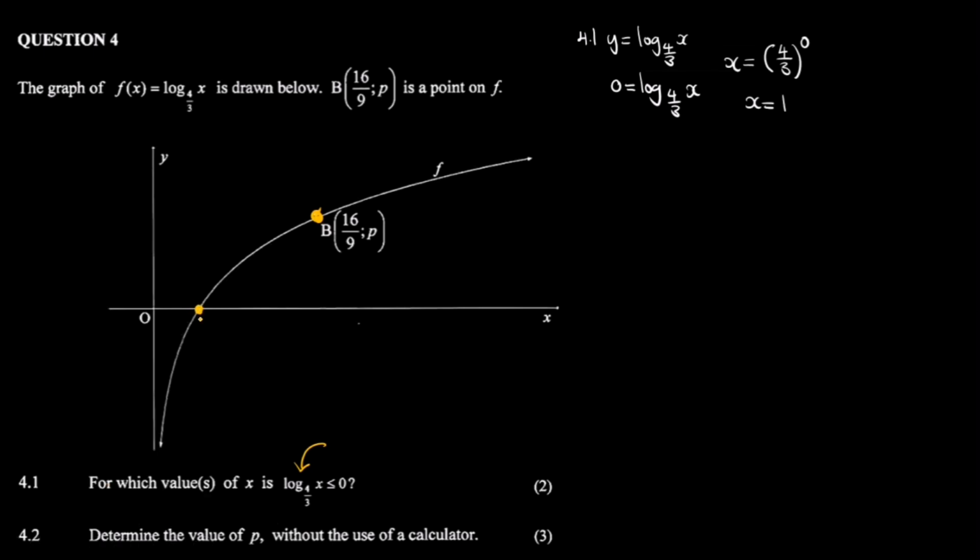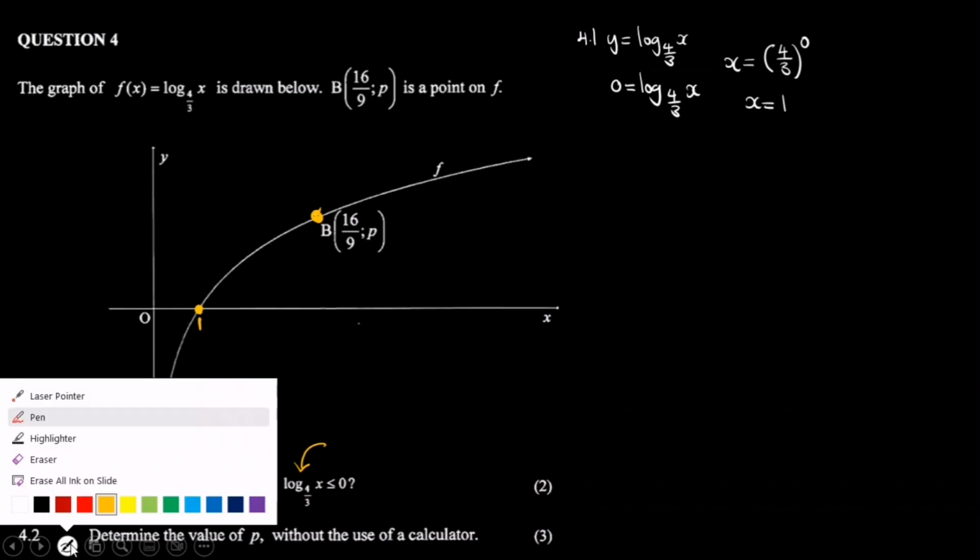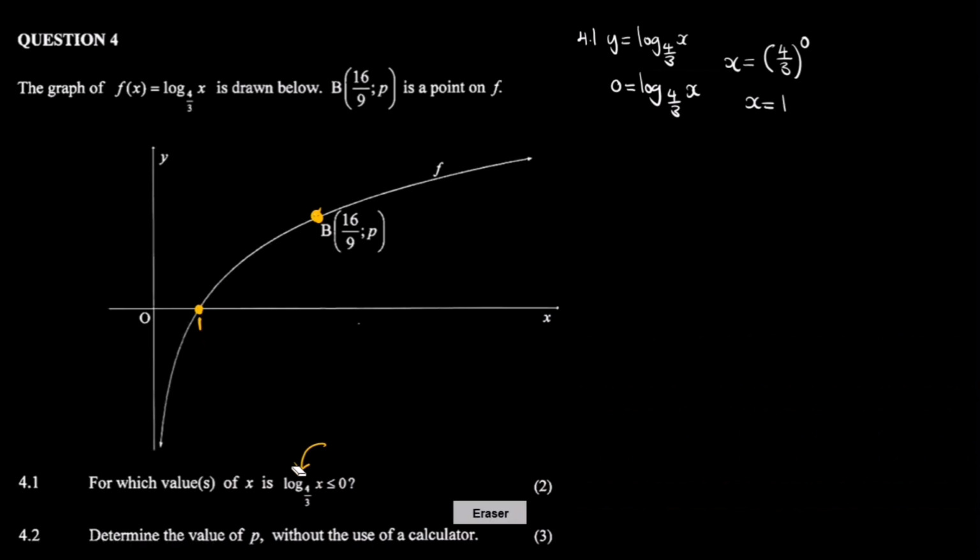So the value of this x-intercept is 1. But remember, we were looking for the x values where this log function is either 0 or negative. It's 0 at this x value of 1, but anything below this x value of 1 is negative.